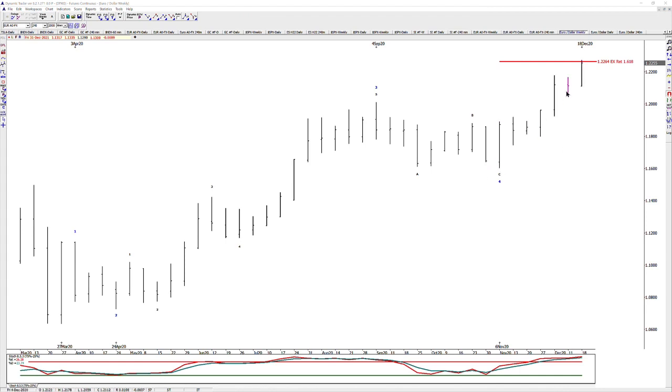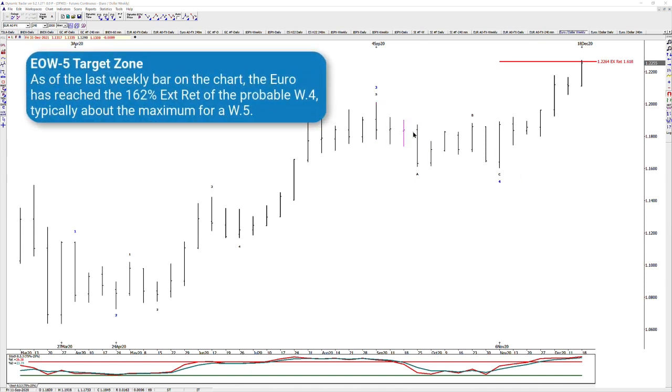If we're in a wave 5, this should be the final section of this trend. I'm going to keep it real simple here, as I usually do in real life. We've reached the 162% external retracement of what I'm calling a wave 4, which is typically about the extreme for a wave 5.